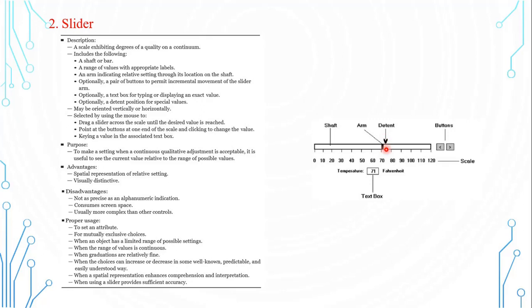Similarly, you may have seen a vertical line like structure in the zoom in and zoom out option in PPT. Is it? So that's what we have here. You have an arm indicating the relative setting through its location on the shaft.